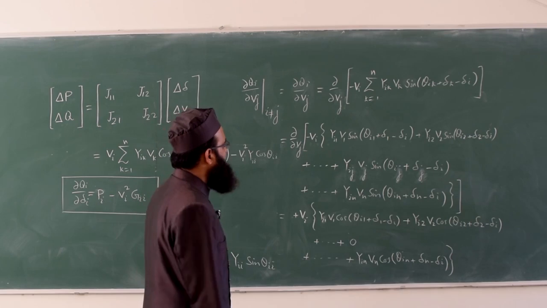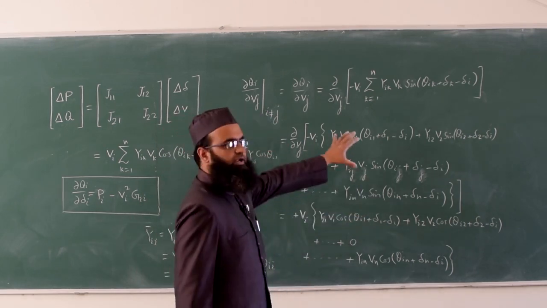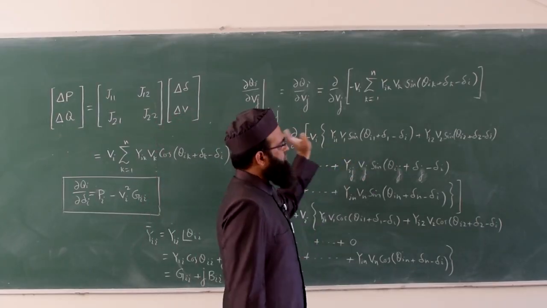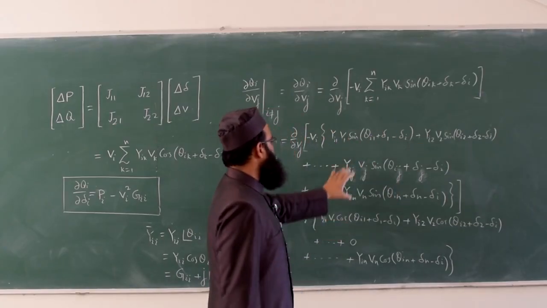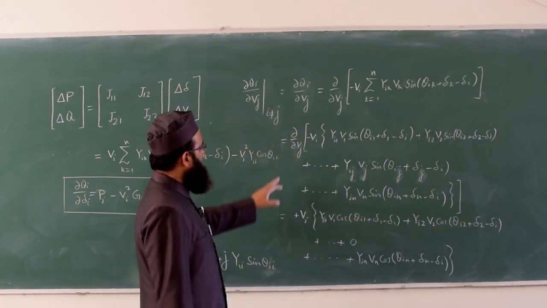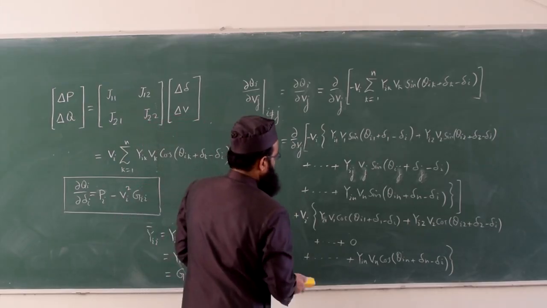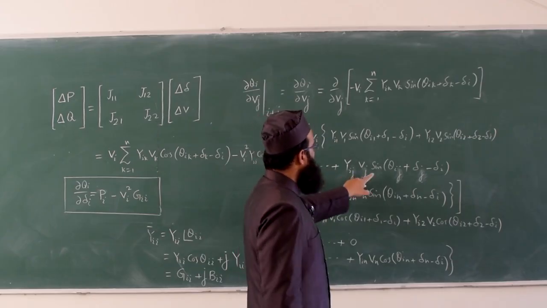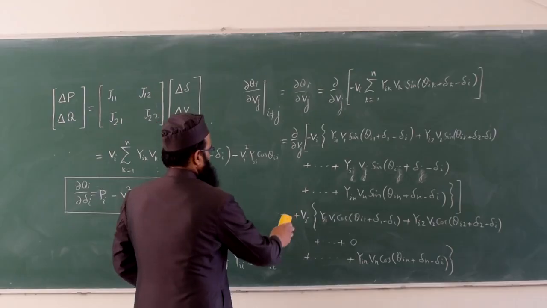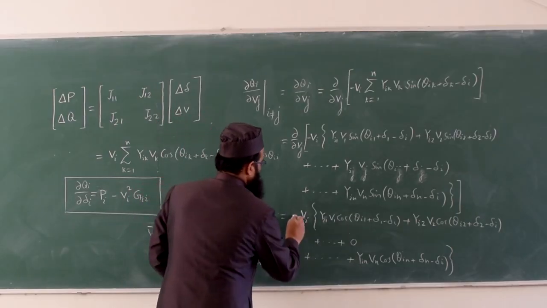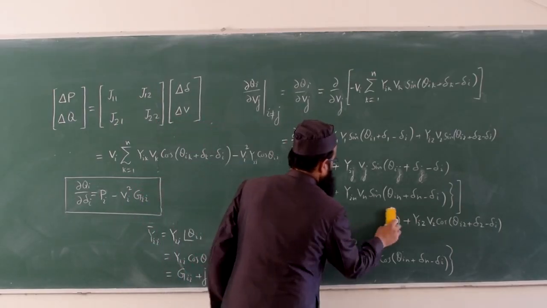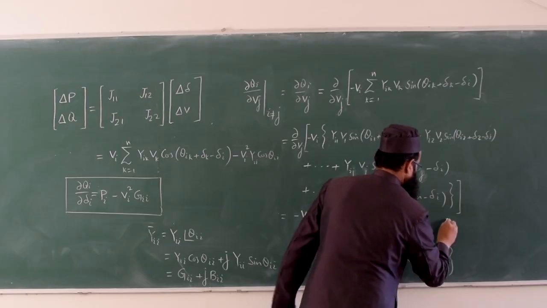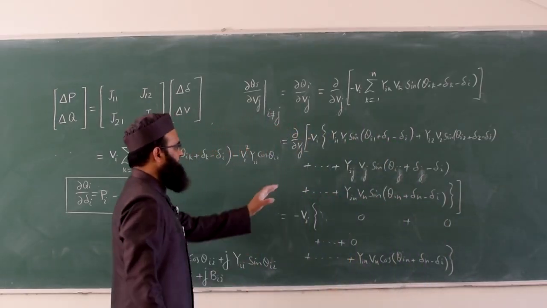This time also the behavior of the j term will be different from the behavior of the other terms. With respect to Vj, the first term has no Vj, so it is independent of Vj, 0. In the second term, except for the j term, all terms will be 0 here. What about the j term? We are having Vj. So, directly we can write this: outside is minus Vi, first term 0, second term 0, writing at the corresponding places.